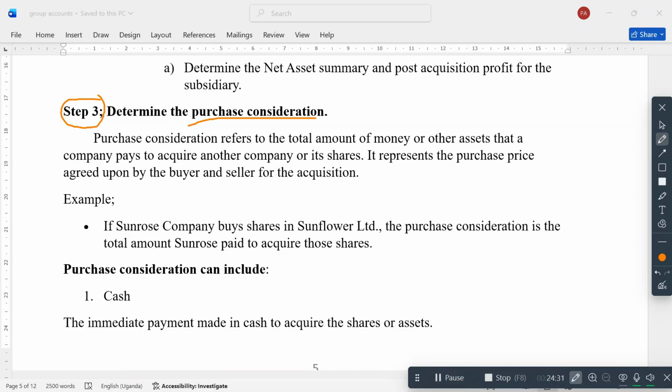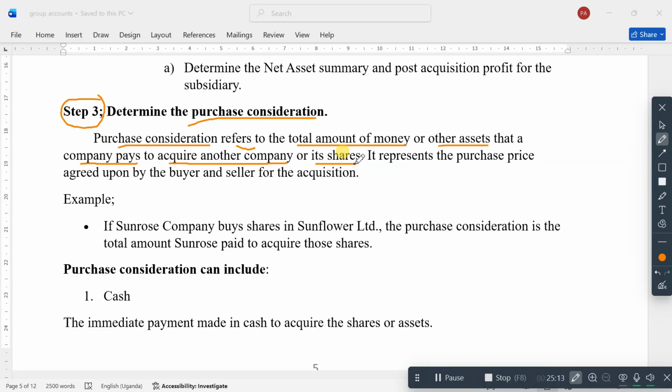So that's why it is taking us to our consideration. We're saying purchase consideration. You look at this definition. It refers to the total amount of money or other assets that a company pays to acquire another company or its shares. It's really very important as you are trying to make a consolidation, you need to know how much money you paid to buy shares in the other company.